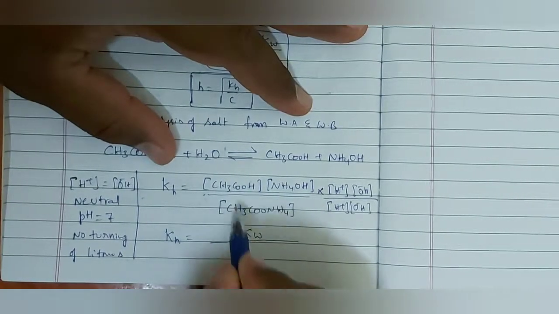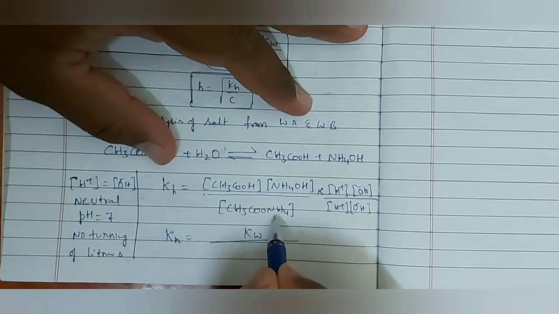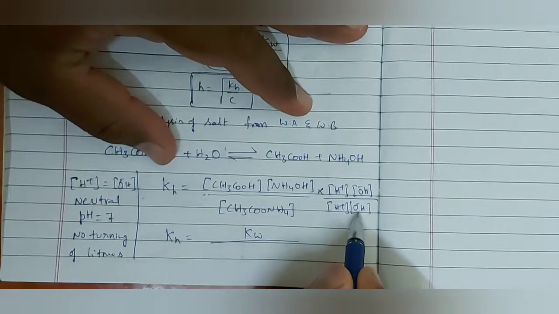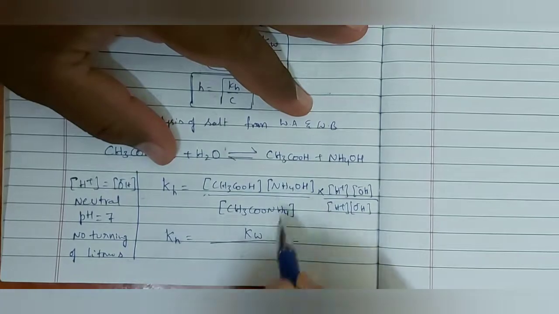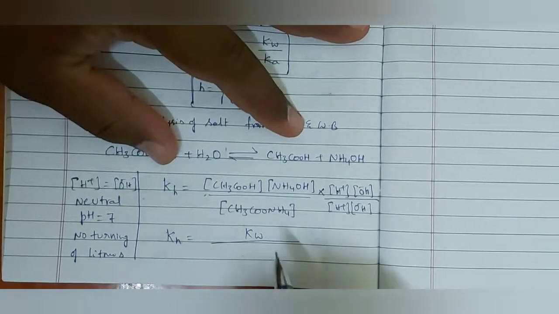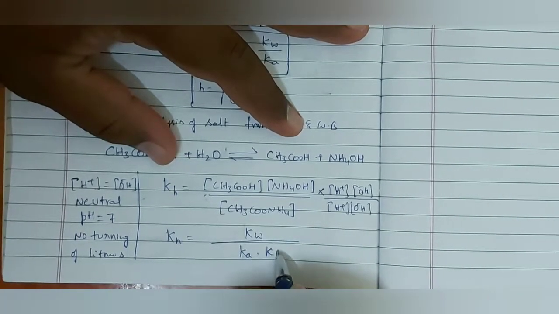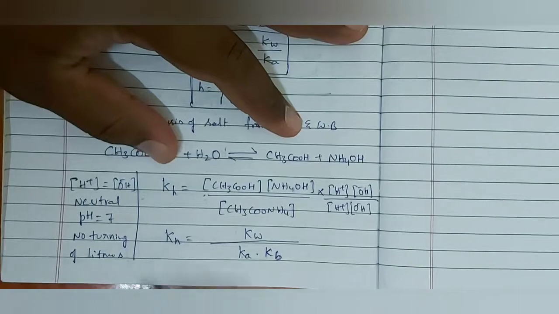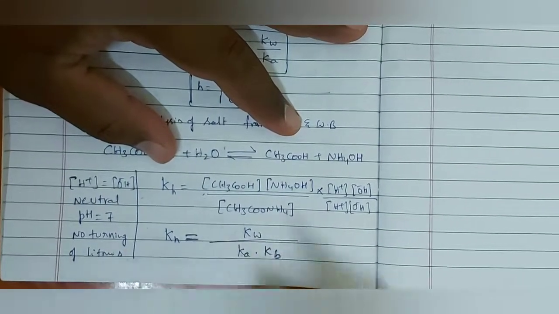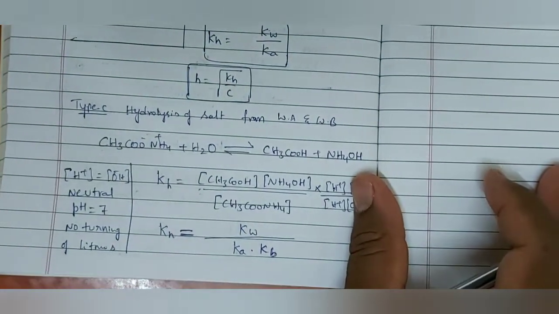This one I am bringing down, that is Ka. Concentration of NH4 plus into concentration of OH minus divided by concentration of NH4OH in the denominator, that is Kb. So both Ka and Kb you will get here. Kh is equal to Kw divided by Ka into Kb.